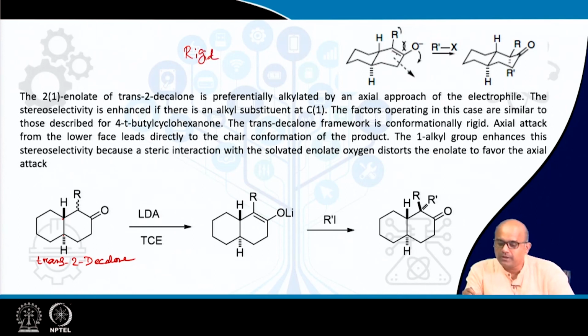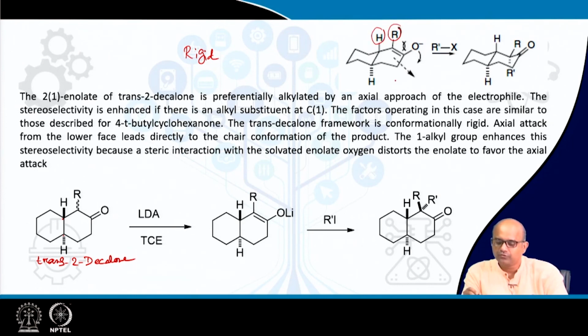Now, once you generate the flat enolate, you only have the alpha face which can be accessible, because the top face is blocked by this hydrogen as well as these.